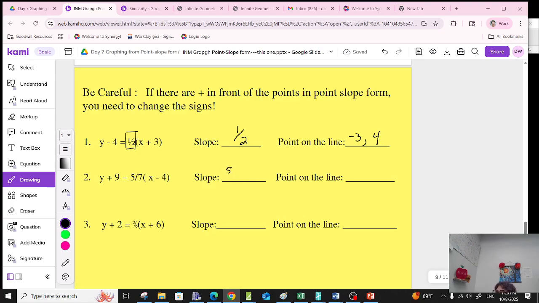Okay, what's the slope of this one? 5/7. And what's going to be the point? -4. No, +4. You got to change the sign. +4, -9. This is going to be 2/5. +6. You can't see it? Here, do you want me to make it bigger?